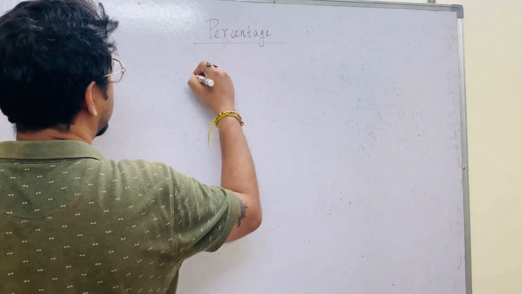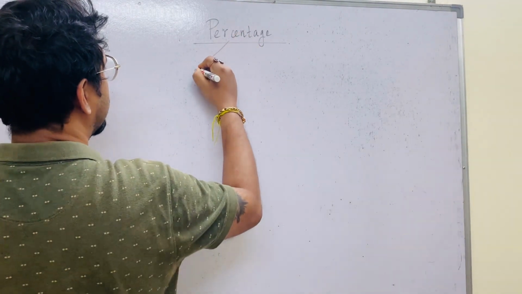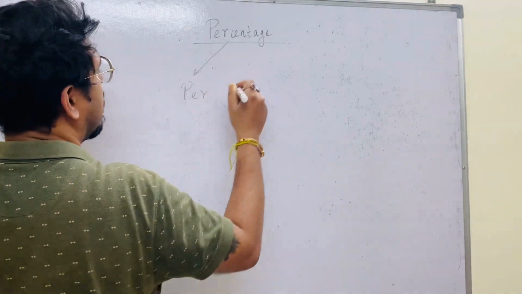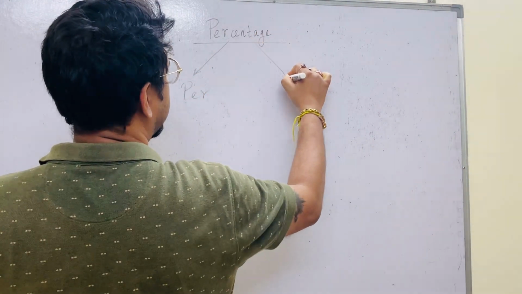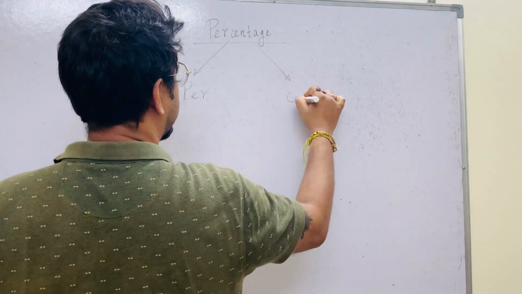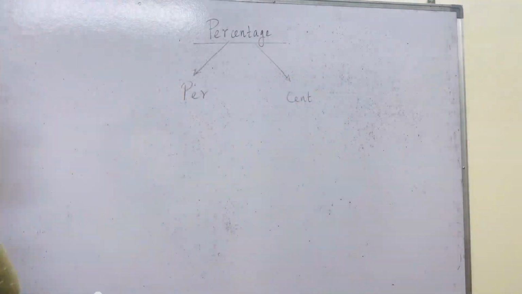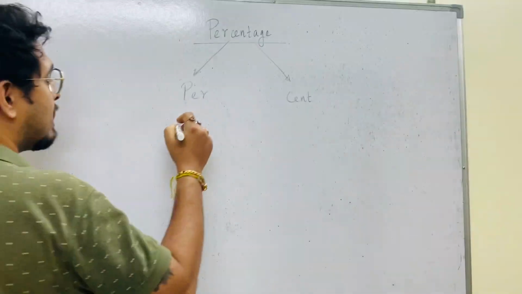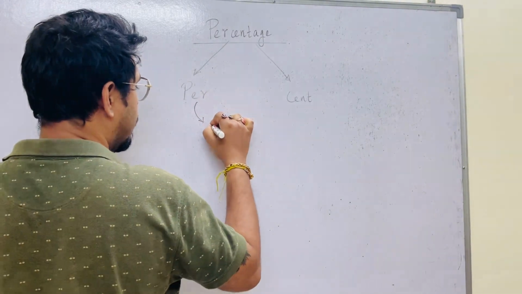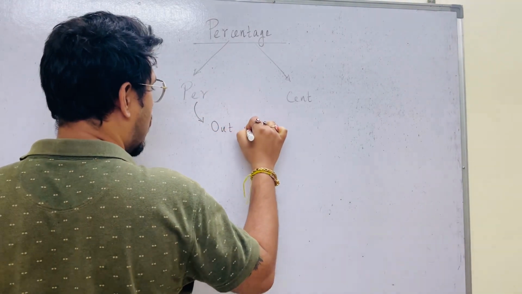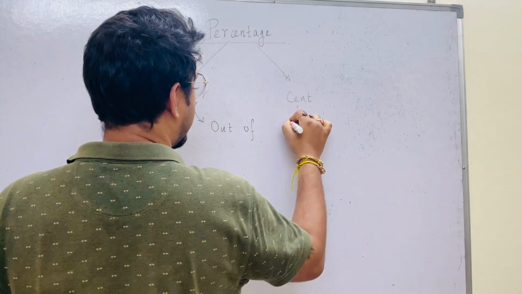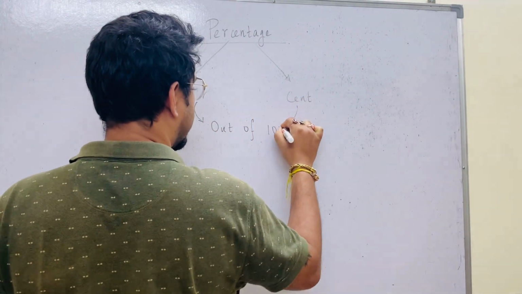The word percentage is broken into two parts: per and cent. Per means out of, and cent means 100.